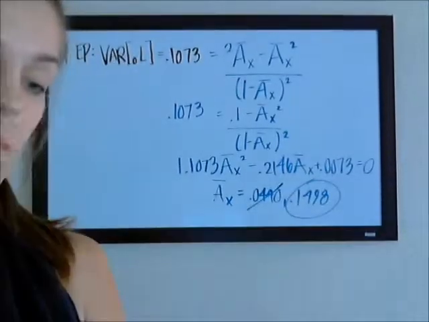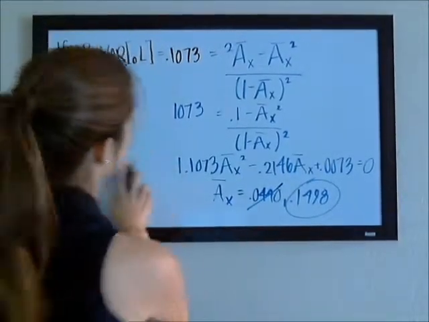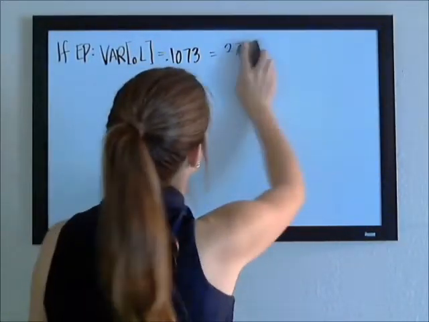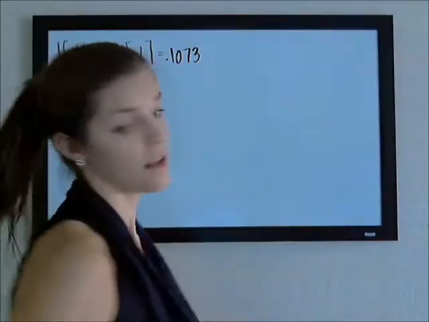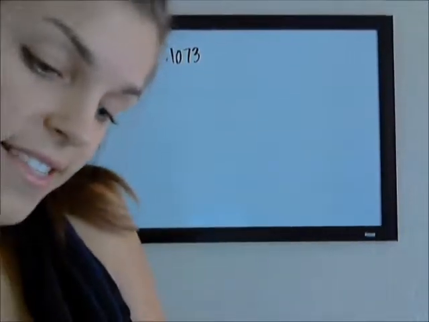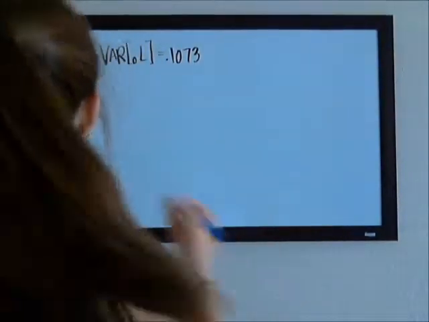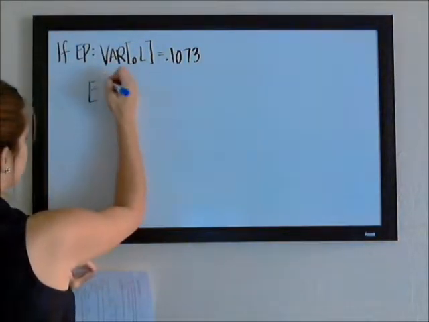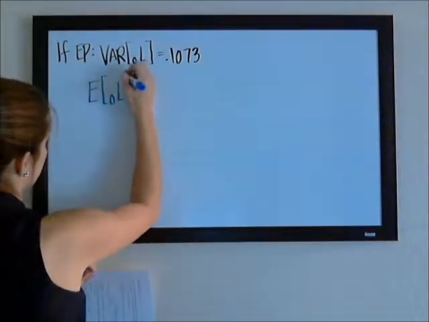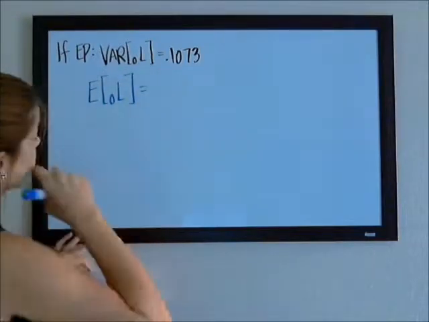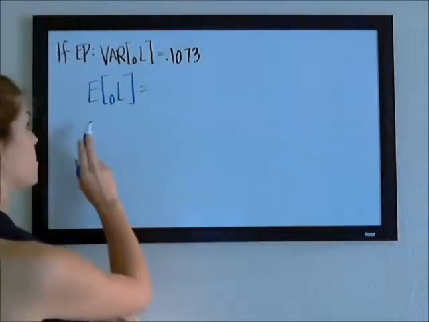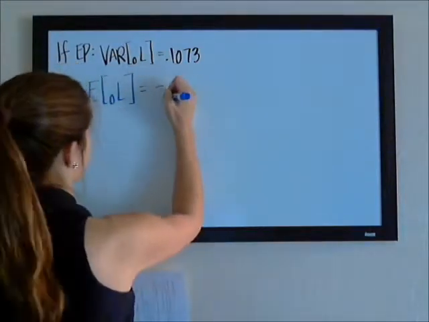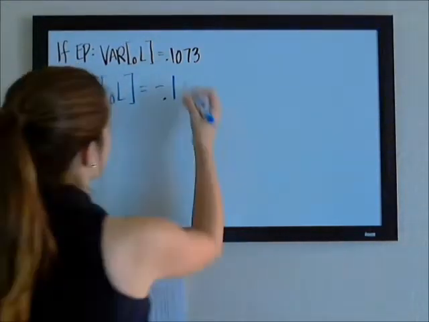So once we have our A bar X, the actuarial present value of our continuous whole life insurance on X, we remember that they told us the expected value of the loss at issue was negative 0.1.